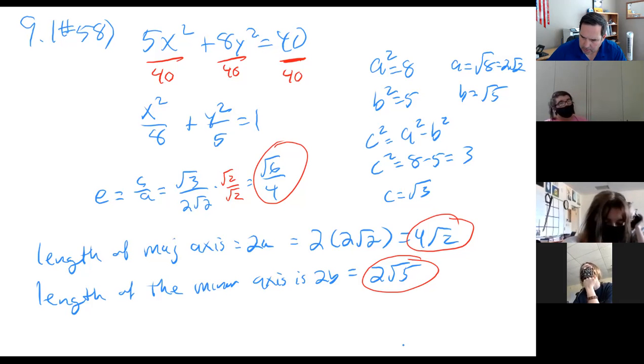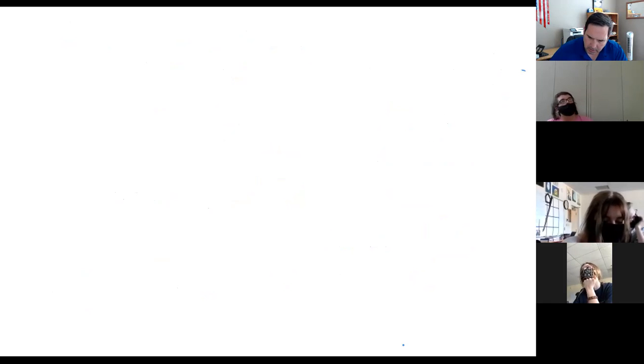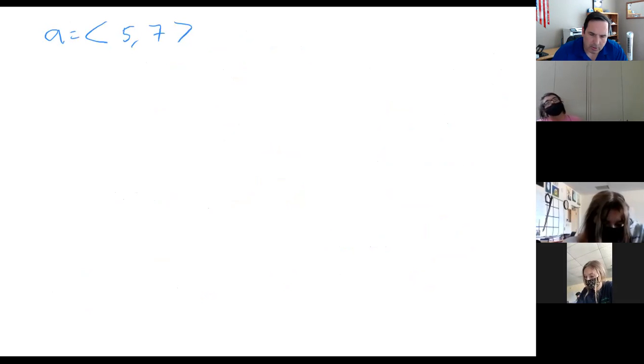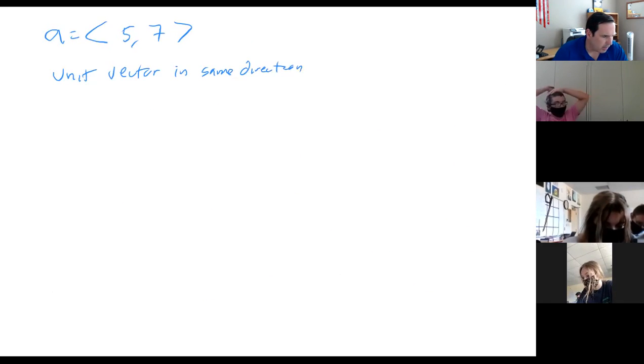So let's go ahead and do another problem like this. Let's say we have the vector A equals 5, 7. I'll just make something up. If we want the unit vector in the same direction, we have to find the magnitude of the vector and then divide by that magnitude.